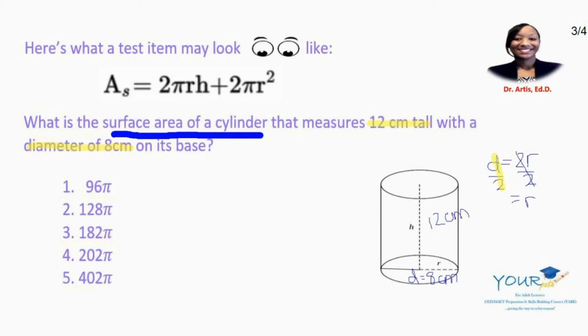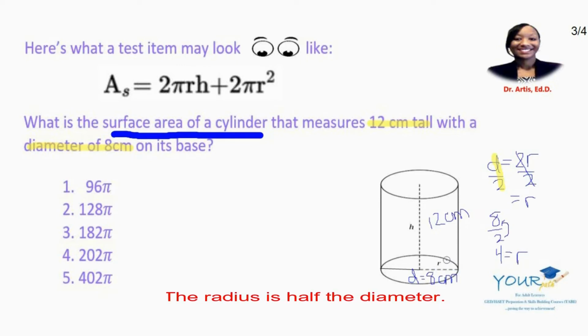So now if we take this information, we know that d is 8, and we're going to divide that by 2. When we do so, 2 goes into 8 four times. And so our radius equals 4.